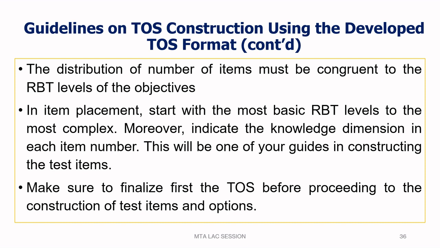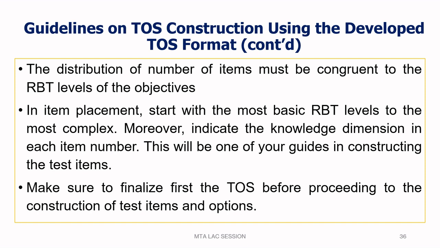The next one is that the distribution of the number of items must be congruent to the RBT levels of the objectives. So in this TOS, we're not going to pre-identify the percentage for each level. For example, in the old TOS format, we identified a specific percentage for remember, a specific percentage for understand, apply, analyze, evaluate, and create.